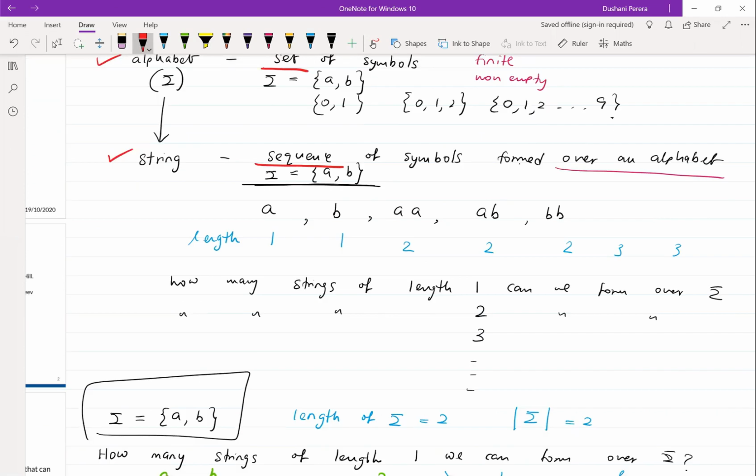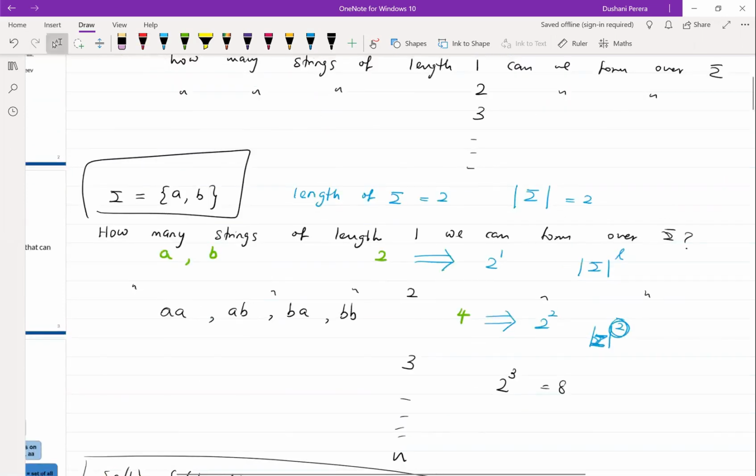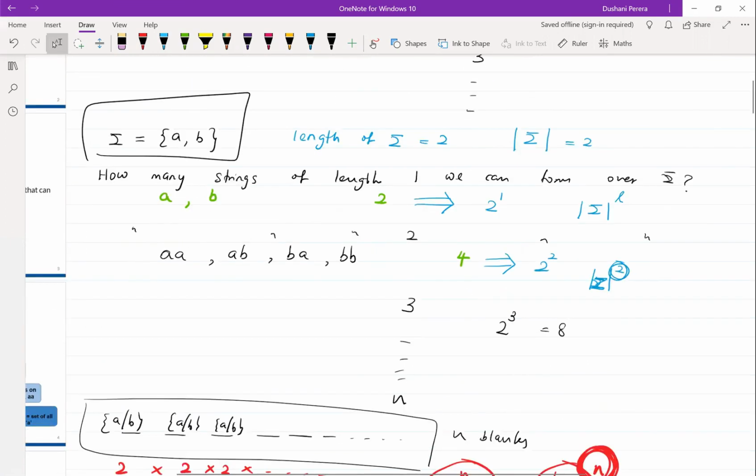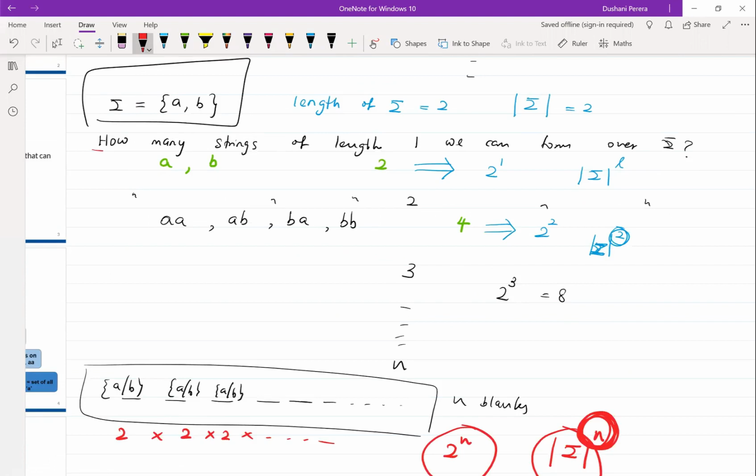And then we moved on to talk about lengths of strings, and then we spoke about how many strings of a particular length we can form over a given alphabet. That's what we talked about so far.